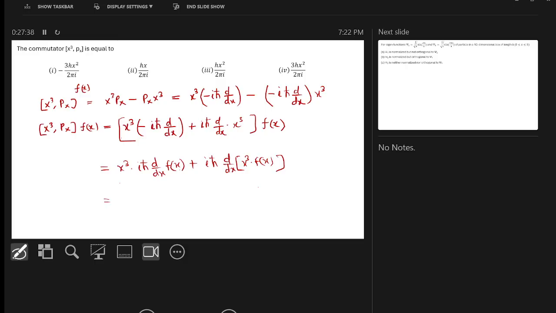Now this one we are getting: minus i h cross x cube d f(x) by dx, and for the other one we get plus i h cross, so we can write 3 x square f(x) plus x cube d f(x) by dx.